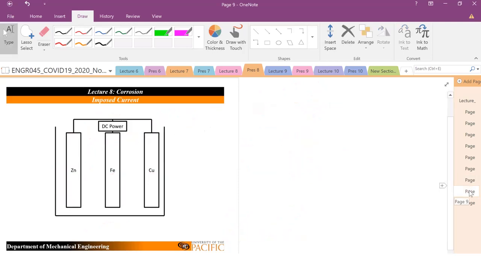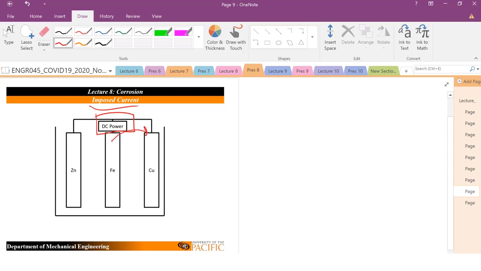Another type of protection is this imposed current, or cathodic protection. You can hook up a power supply and bias your current. So if I don't want iron to corrode, I can apply a power source and impose a current to make sure that electrons are not being taken away from iron to copper.